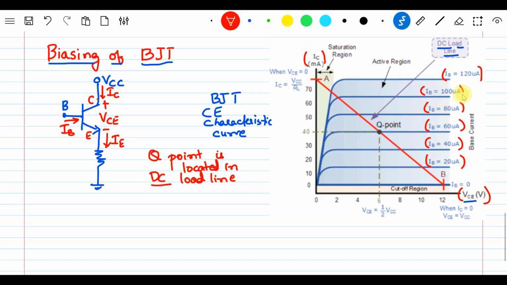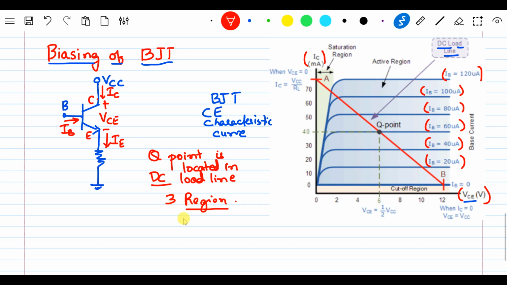By plotting this curve, which is VCE versus IC and IB, and plotting a load line, we are going to define three regions of operation of the BJT. We are going to achieve a condition where the transistor can operate in three different regions.